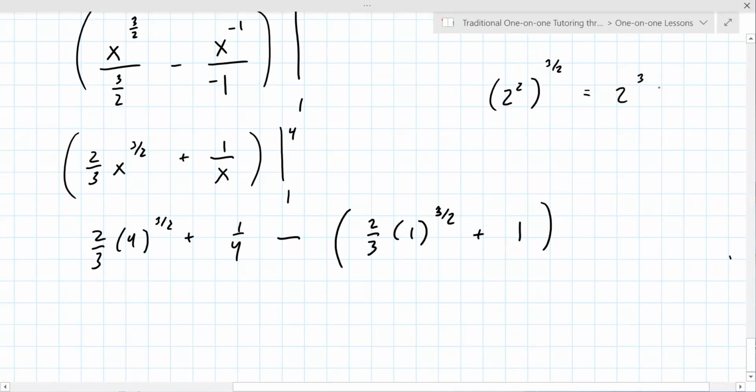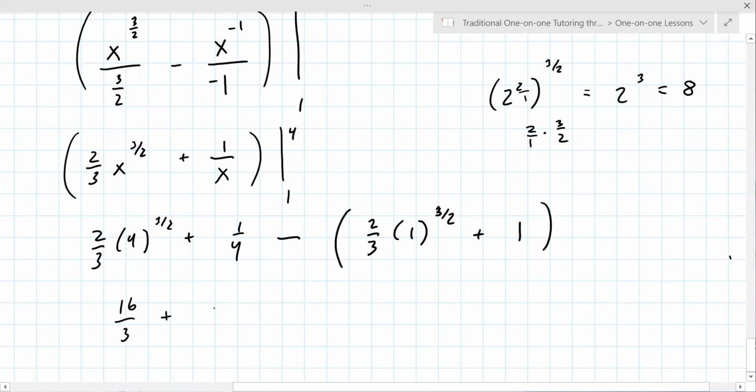So it's 2 cubed, which is 8. 2 over 1 times 3/2 gets you to 3, 2 to the 3rd. So then it's 2/3 of 8, which is 16/3.